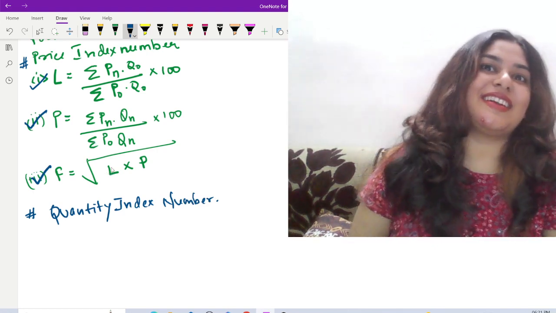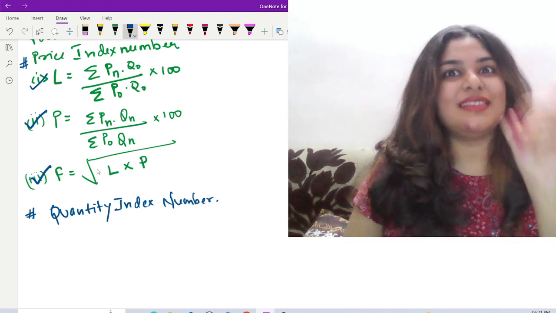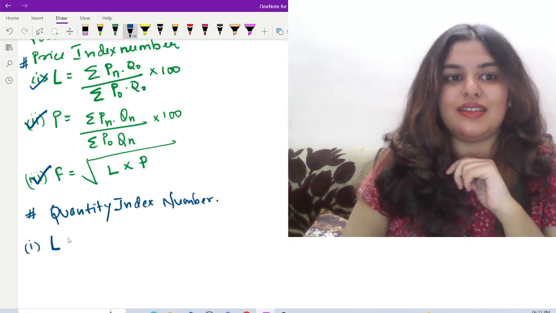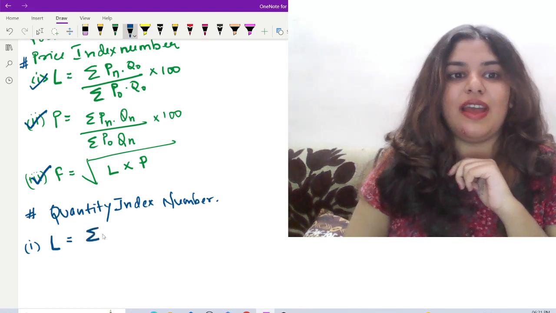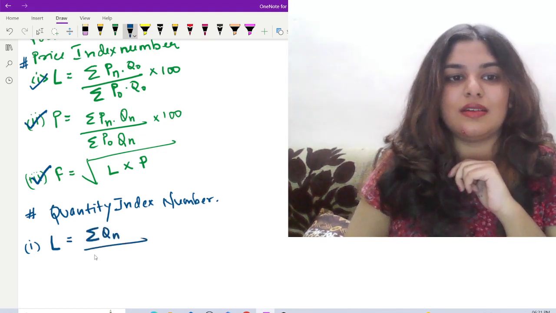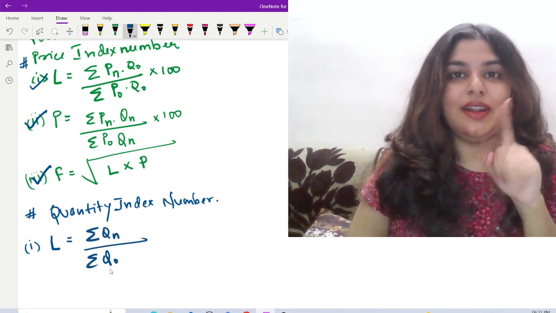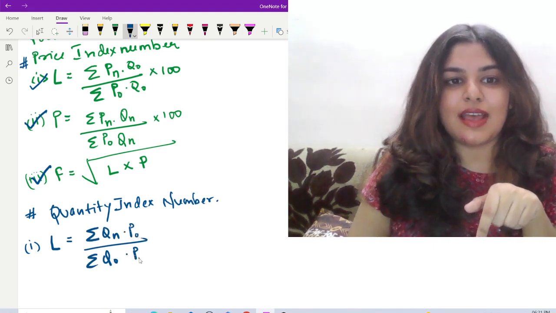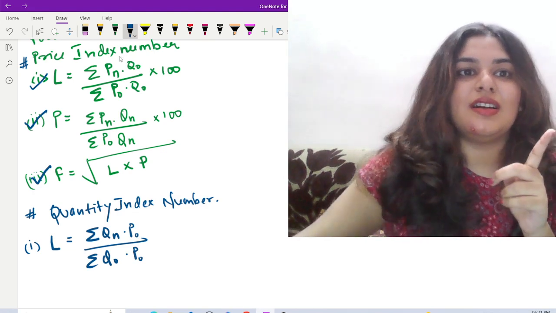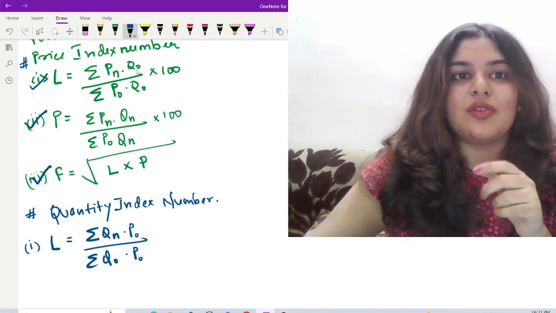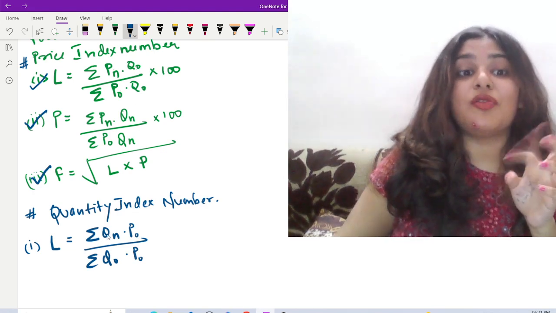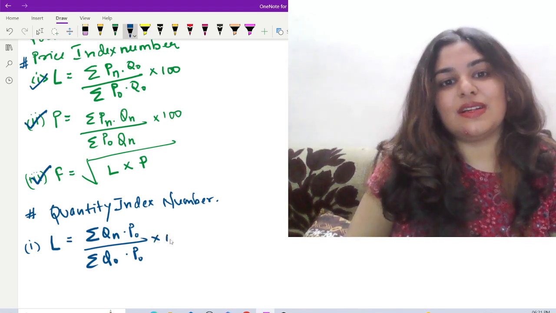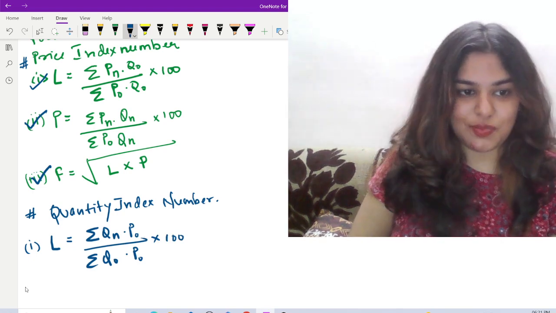In the quantity index number, we take price as weights. So the first one, that is Laspeyres, equals summation Qn by Q0, that is the quantity relatives, into the base price as weights. You see here we had price relatives and quantities as weights. Here we have quantity relatives and the price as weights. So this becomes our Laspeyres formula.